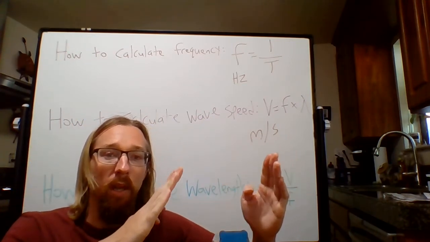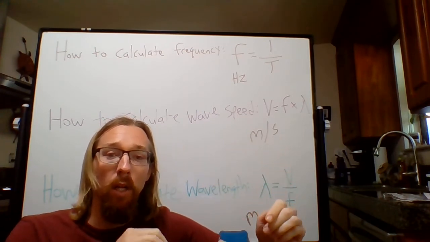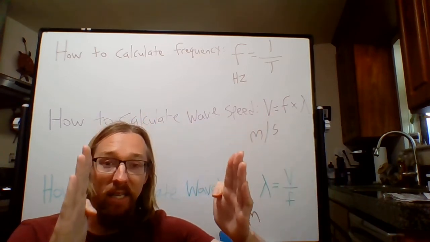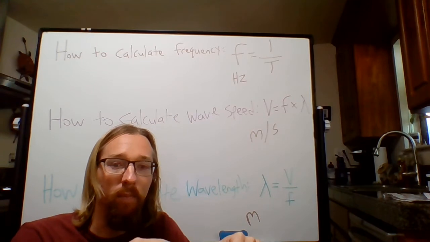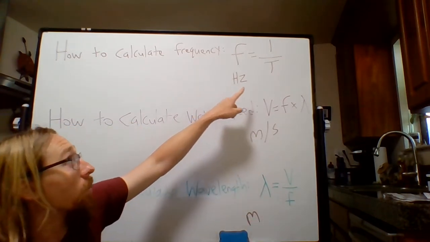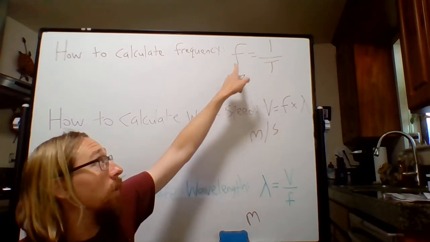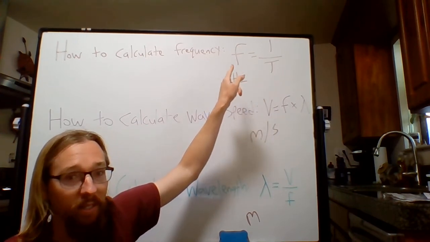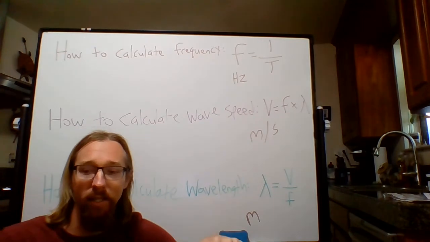If you have a longer period, then you have a low frequency event. The waves would be more spaced out since it's a longer period. That's what an inverse relationship means. If you have a large period, you have a low frequency. If you have a small period, you have a high frequency. And this equation is a symbol of that concept.